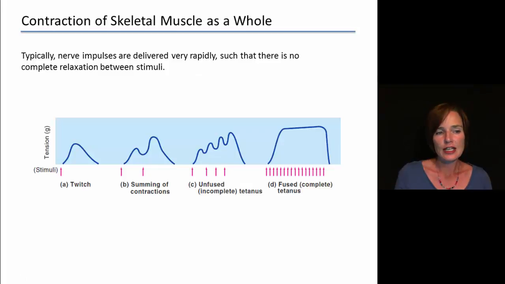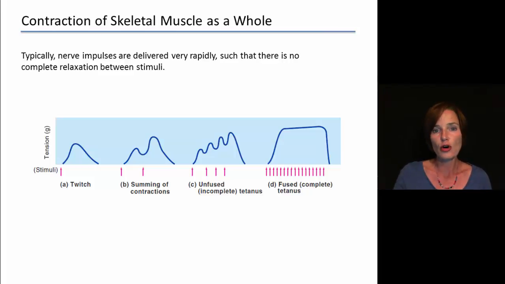If we look at it here, the nerve impulses are going to be delivered very rapidly to the muscle cells. And that is going to result in there being no complete relaxation between the individual stimuli. So if we just have a twitch, that's not going to be smooth at all. That's an initial single nerve impulse being delivered.